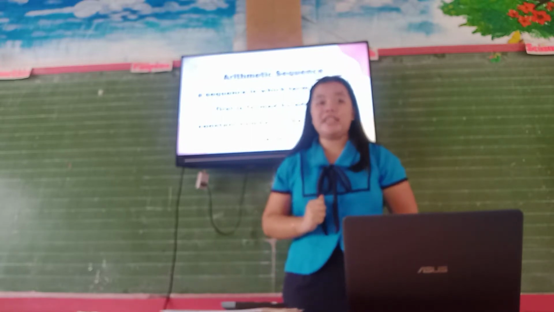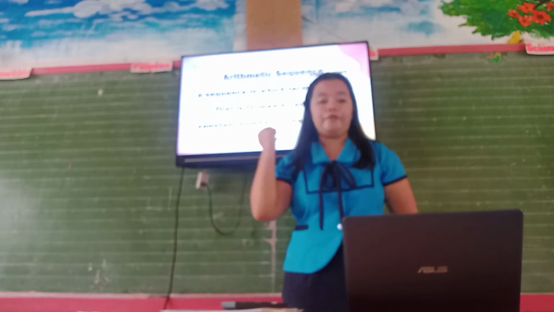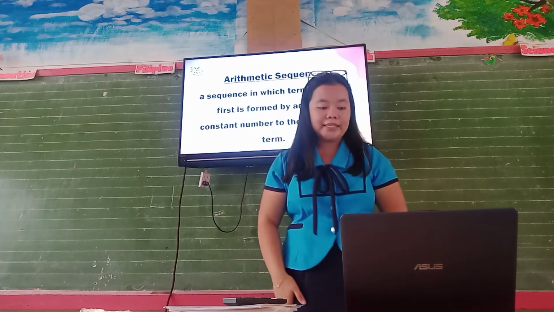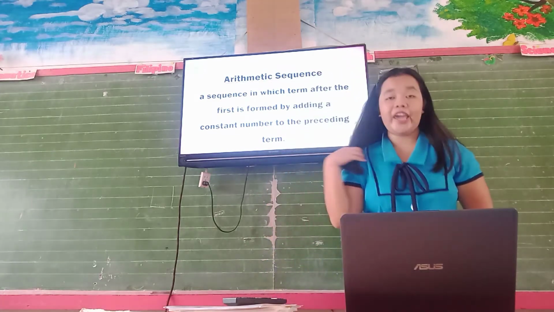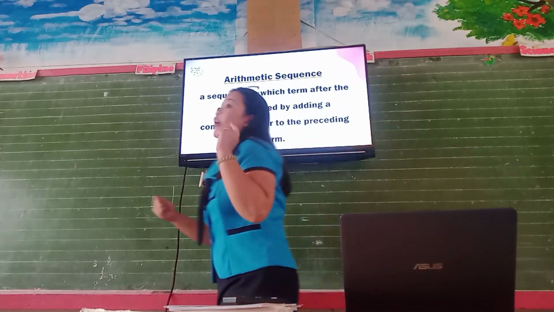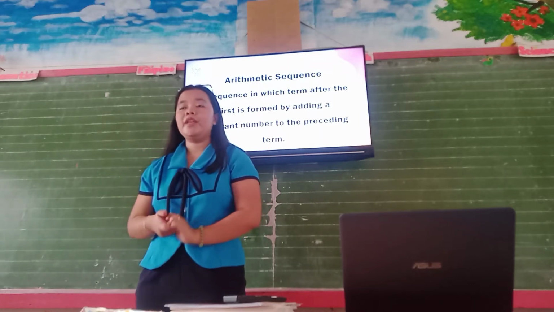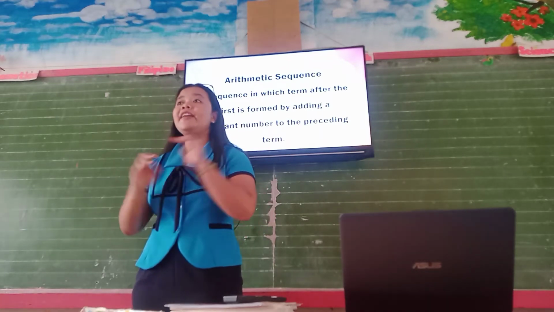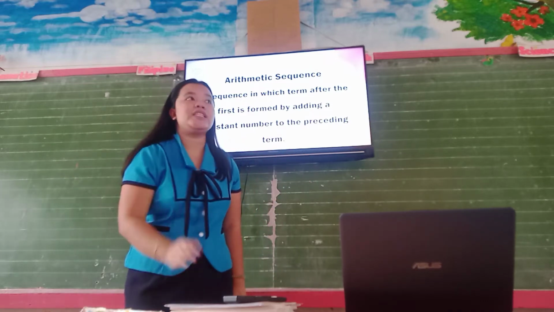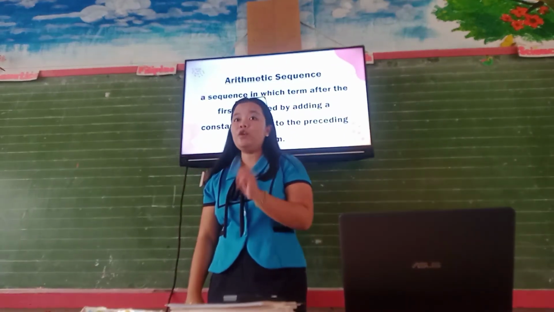An arithmetic sequence is a sequence where every term after the first term is obtained by adding a constant called the common difference. Take note of this: the common difference is denoted by D.